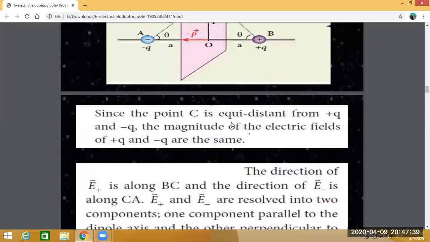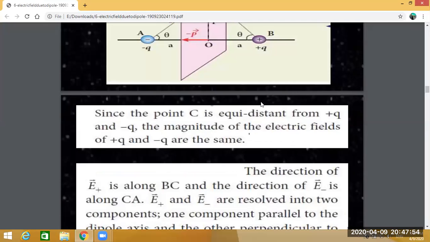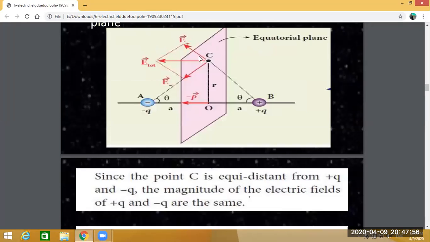Try to understand: the direction of electric field due to the positive charge, E plus, is along BC. Look, this is in this direction.